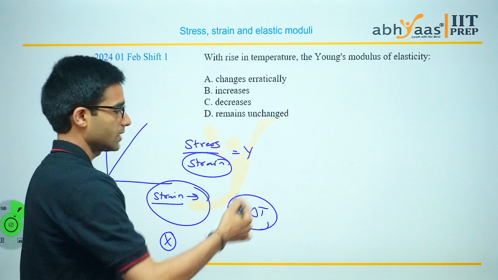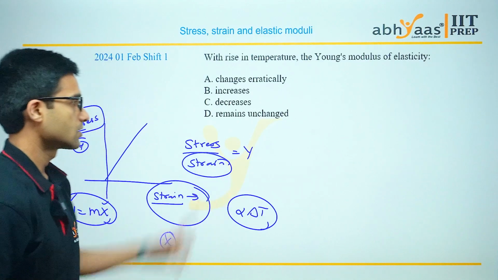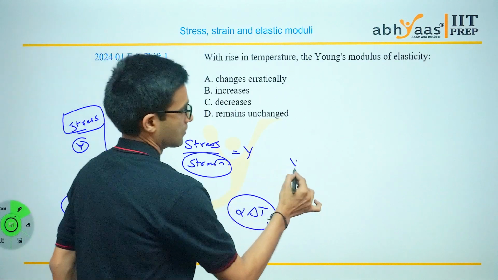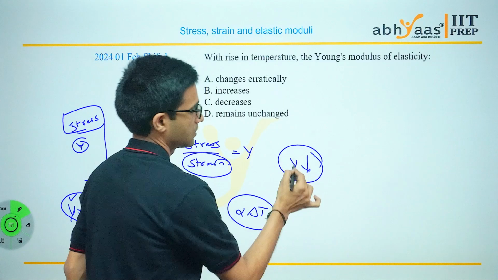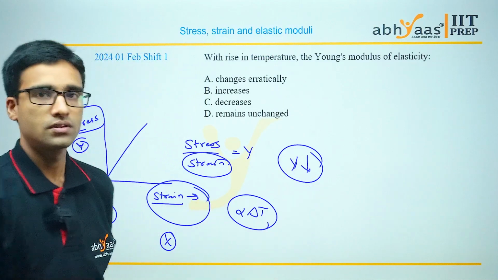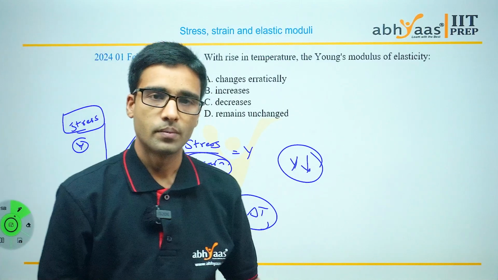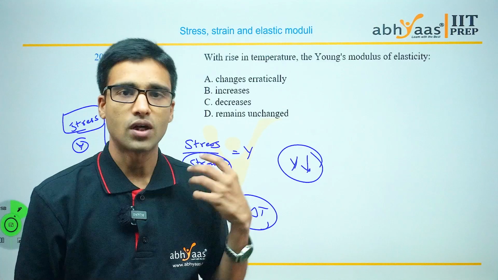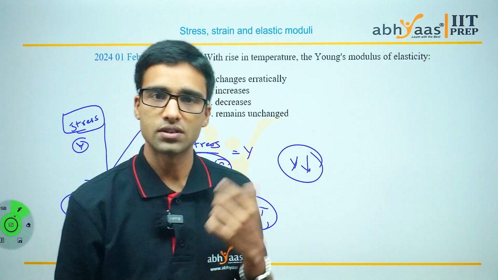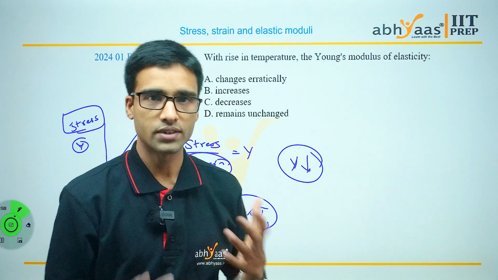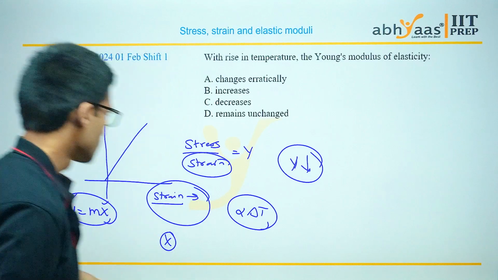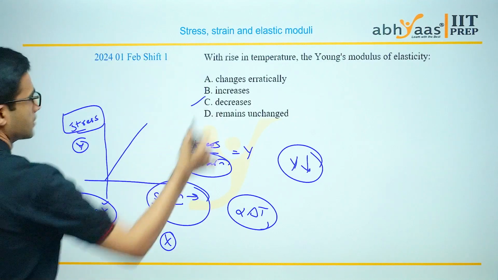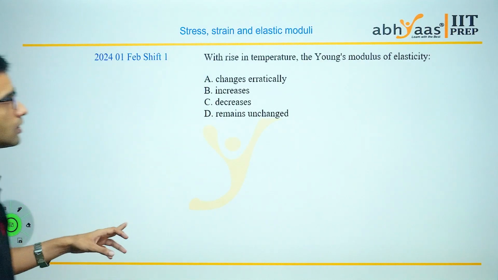As the temperature is increasing, strain is increasing, that means Y will decrease. So simply understand. This theory bit also, we can try to understand what the question is and you can easily solve. This is the easiest question. We are starting with the easiest question. So the answer is decreases.